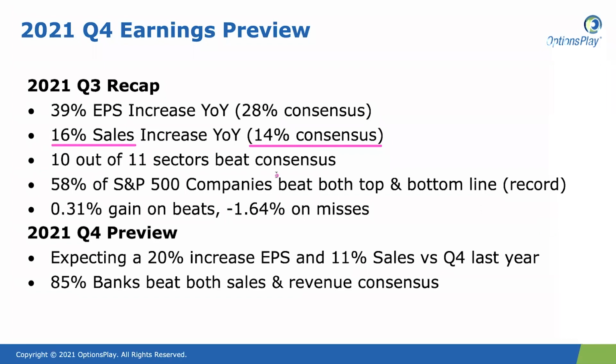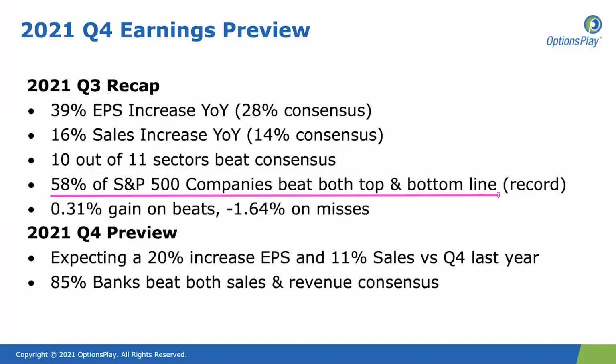So when we look at Q3, this was a quarter where the market beat analyst expectations. And 10 out of the 11 sectors ended up beating consensus, with energy being the top sector from last quarter. And the one thing that I want to say is that only 58% of S&P 500 companies were able to beat both top and bottom line.